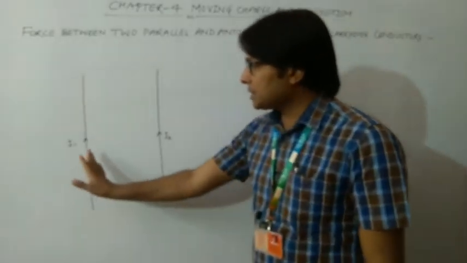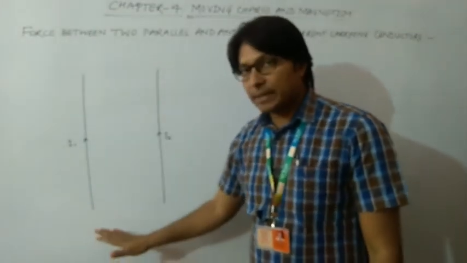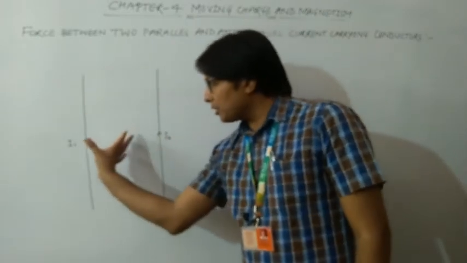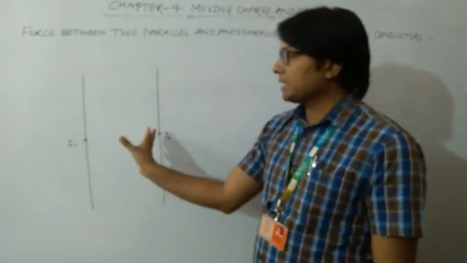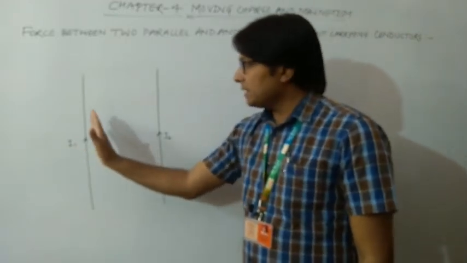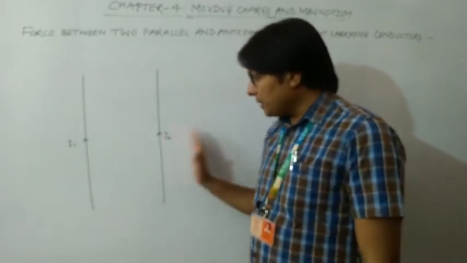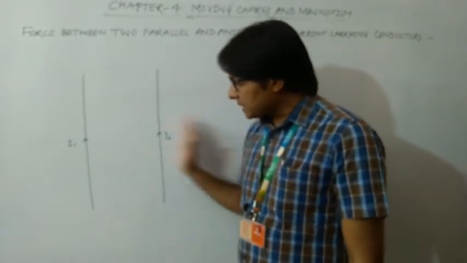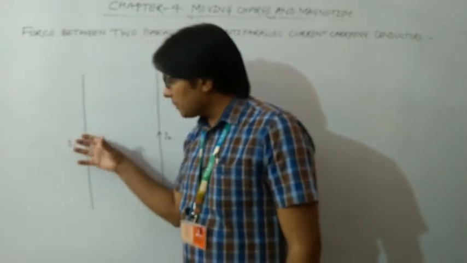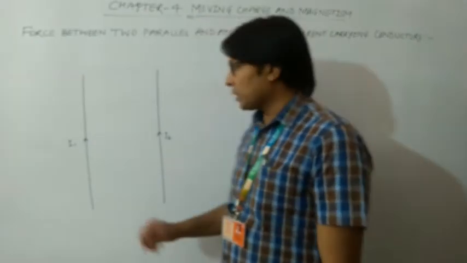The direction of the magnetic field due to this current carrying conductor, to the right of this conductor, will be perpendicularly inward. Using the right hand thumb rule, the magnetic field due to this conductor is inward on this side and outward on the other side.